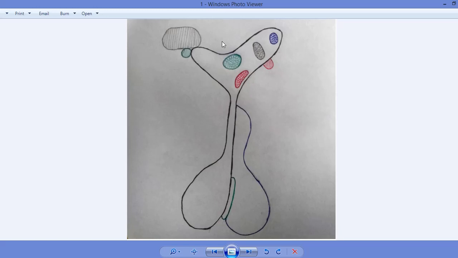You can also see over here there is a cavity above the hypothalamus. There is a cavity that is called third ventricle. We have talked about the third ventricle in our previous lecture about the cerebrospinal fluid.